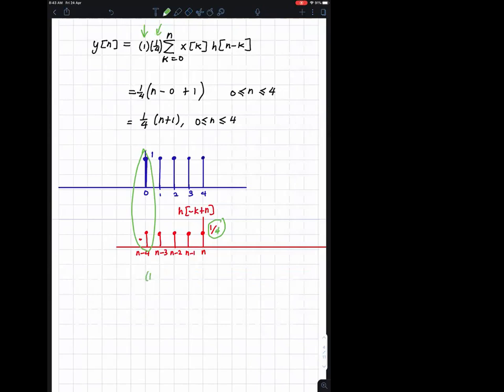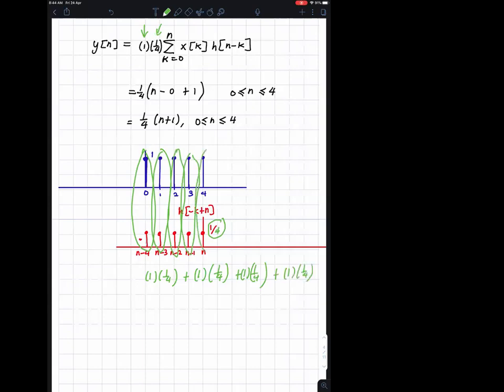1 multiplied by 1/4, right? Then you add the summation mark telling you to add the product of the signals, plus 1 multiplied by 1/4. Then you have another one here, 1 multiplied by 1/4, and another, 1 multiplied by 1/4, and another, 1 multiplied by 1/4.